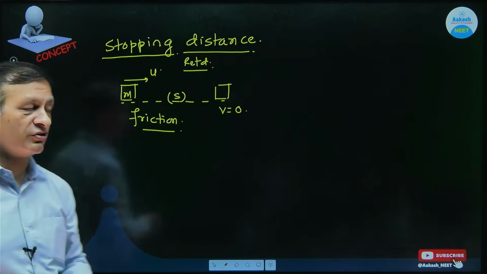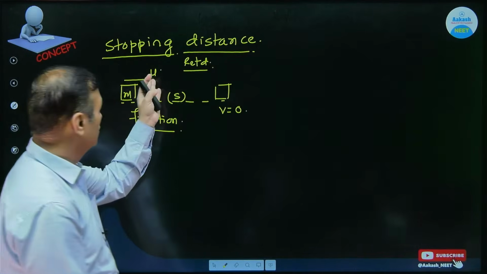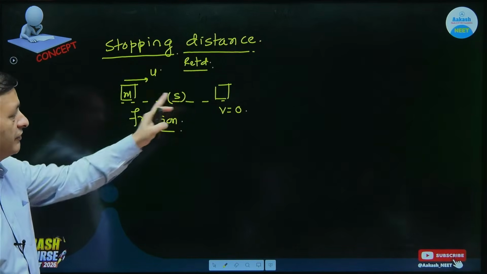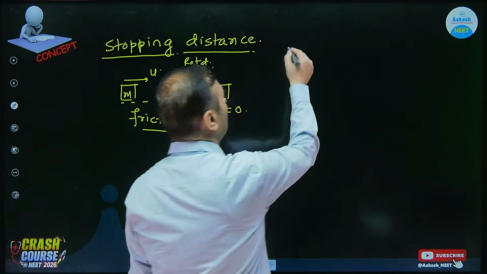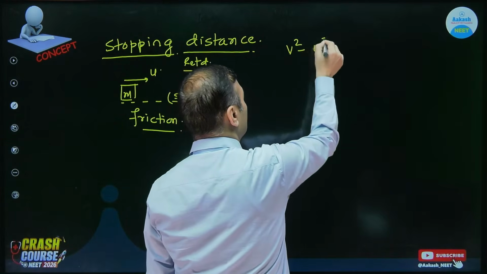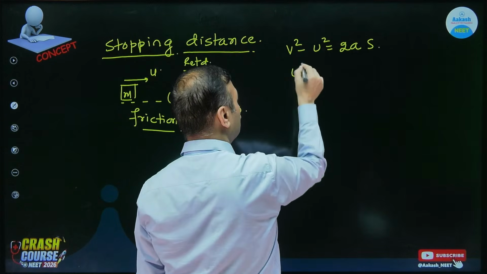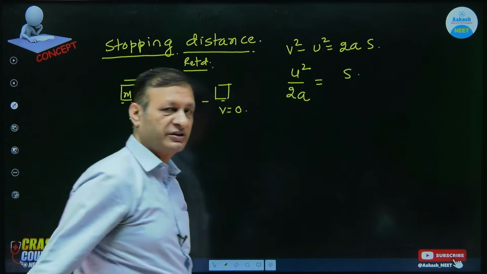You got it or not? The body is moving with some initial speed u on a frictional surface, and after covering some distance s, it stops. So we know v square minus u square equals 2as, and this is a retardation motion. So u square by 2a is your stopping distance.